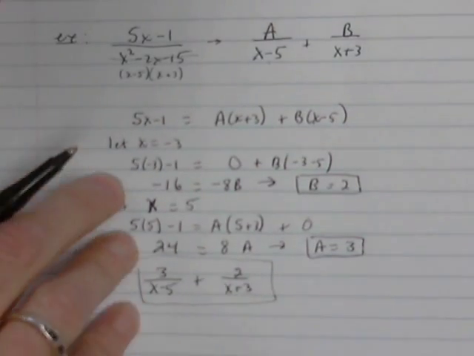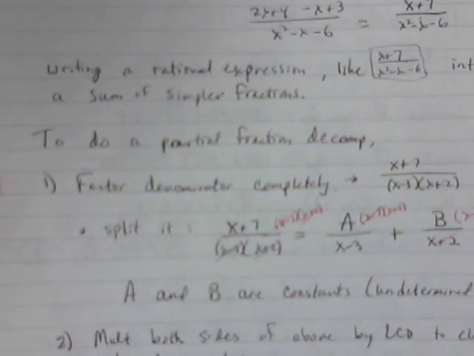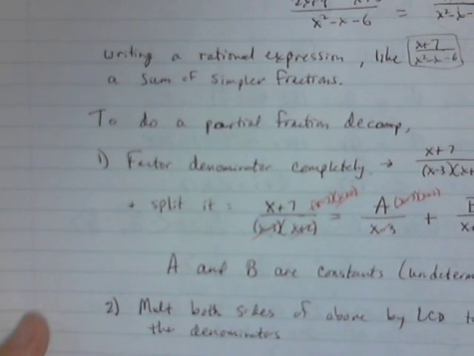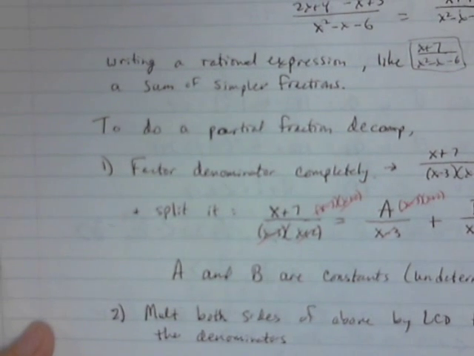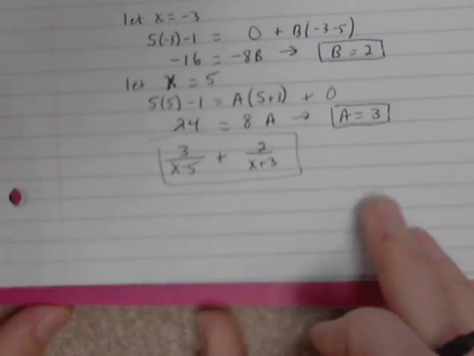Now this is called case 1. We're going to be studying 3 different cases of partial fraction decomposition. So let's see, where can we put this? I guess we'll put this down here.